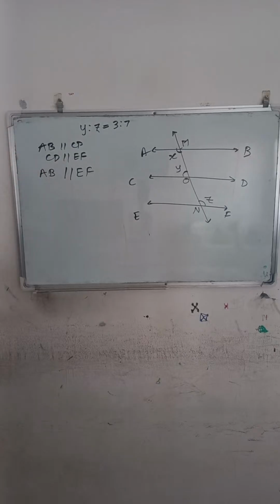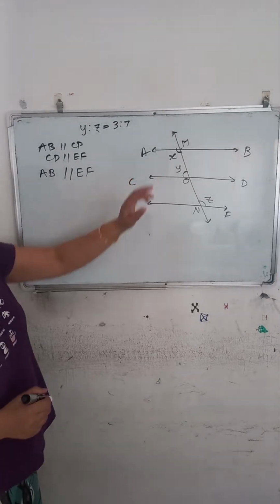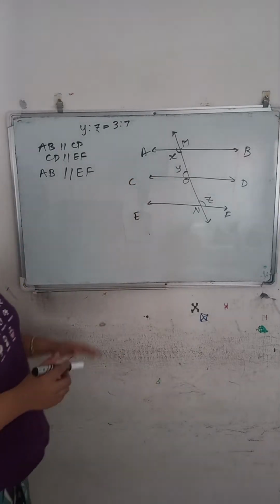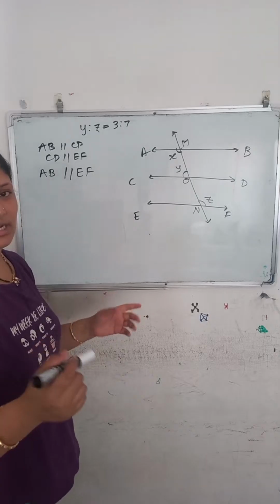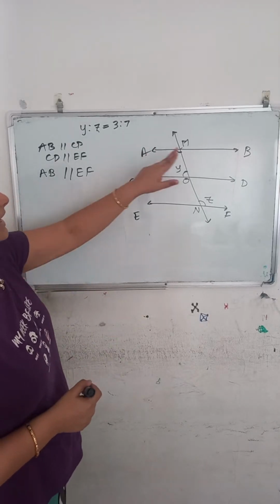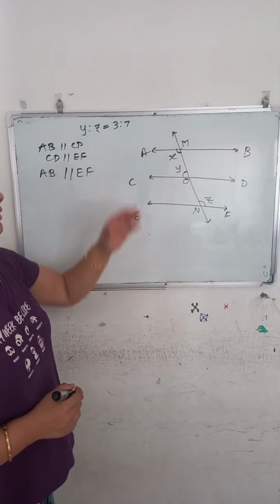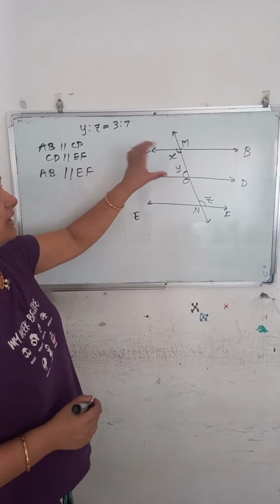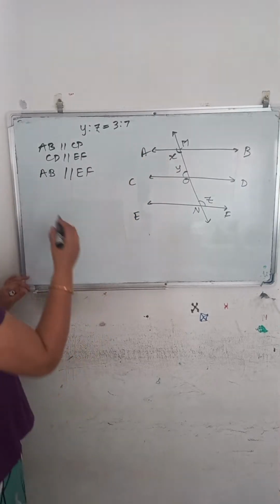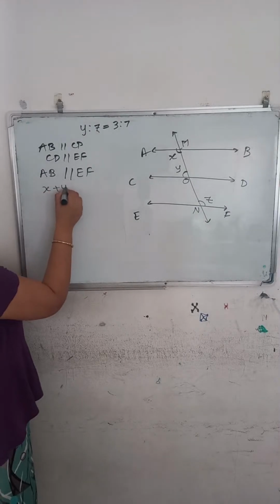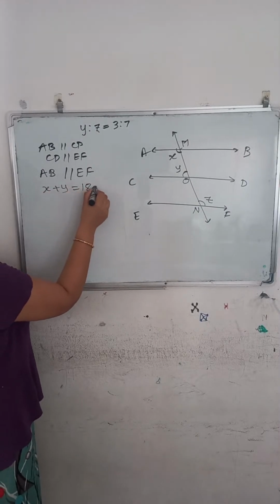If you observe carefully, here X and Y are co-interior angles. That means their angle sum is 180 because AB is parallel to CD. Both are parallel, so the co-interior angle sum is 180. I will write here X plus Y is equal to 180.